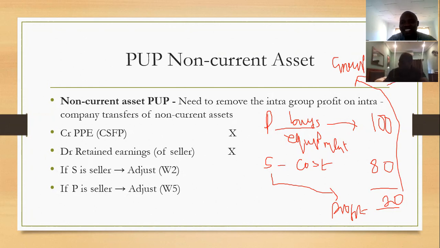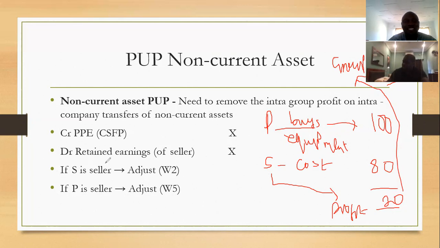So we are saying in the group financials, this 20 is going to be regarded as unrealized profit. So then what we do: an increase in assets triggers a debit. So any increase in assets is debited, a decrease is credited.